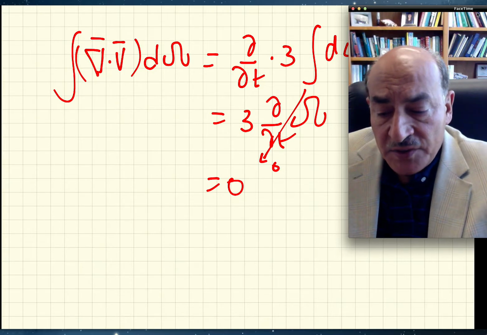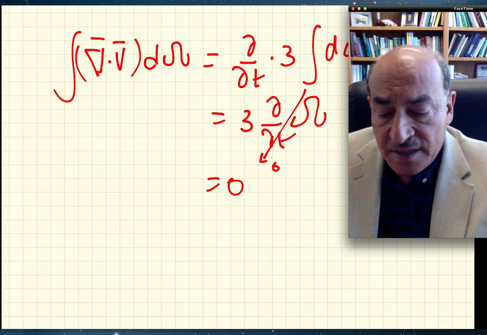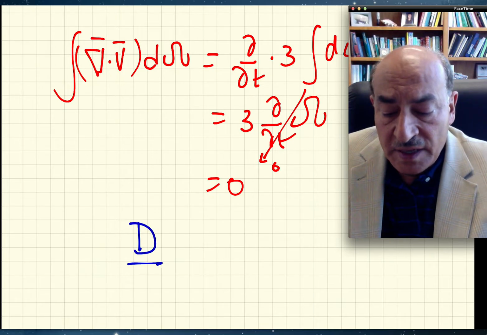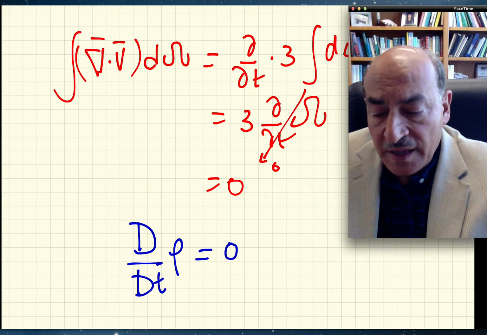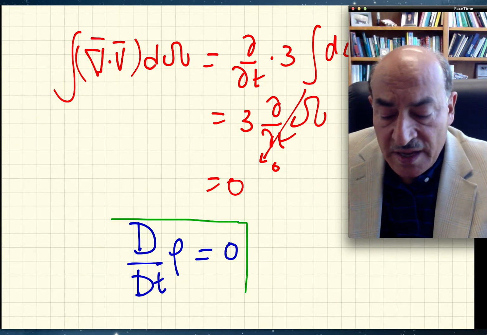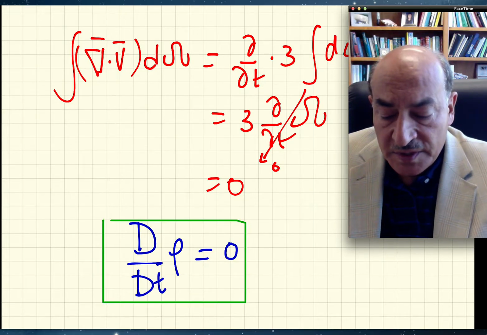And finally, now we can state the mass conservation equation in this form: capital D by dt of rho is equal to 0, and this is obtained by assuming that we have an incompressible fluid.